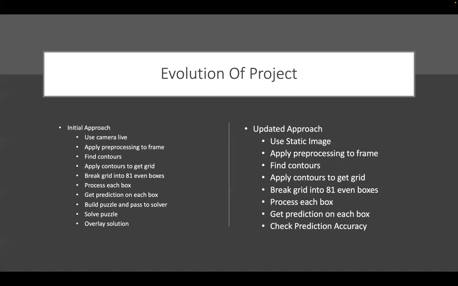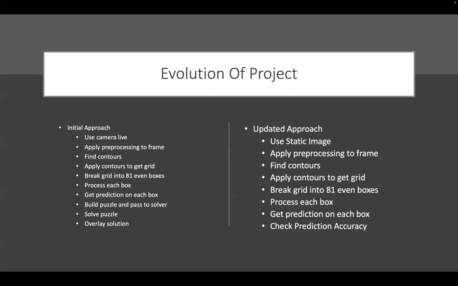And then the updated approach, which I changed a little bit. This was essentially because there isn't a real issue with live footage, but the issue persists in the later aspect of the project, which is why I decided to move from the live footage to static image, because it was easier to debug and test.